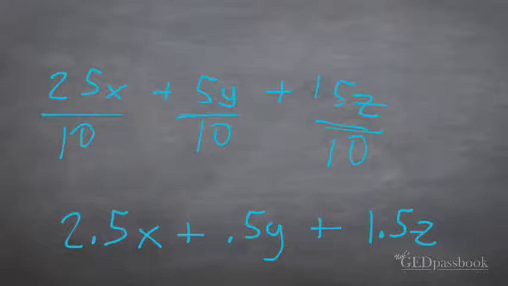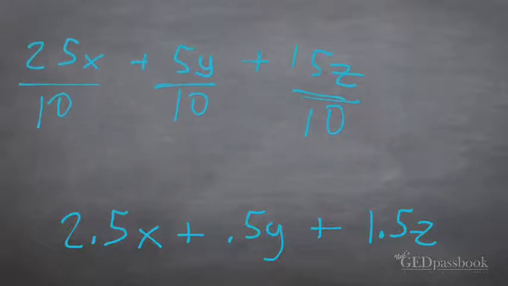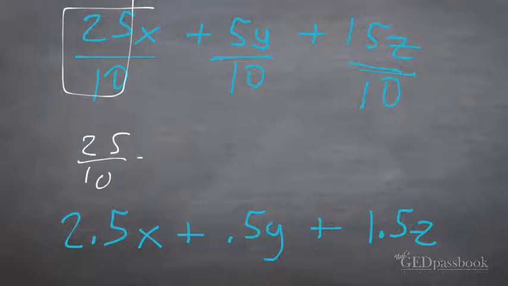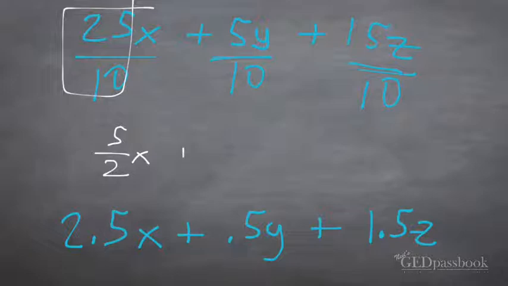Do we know? Simple. What's 25 over 10 simplified down to? 5 over 2, right? So it's literally 5 over 2 x.